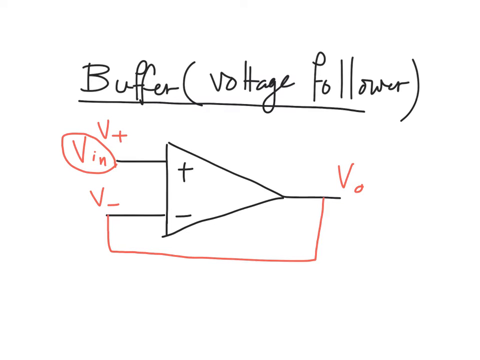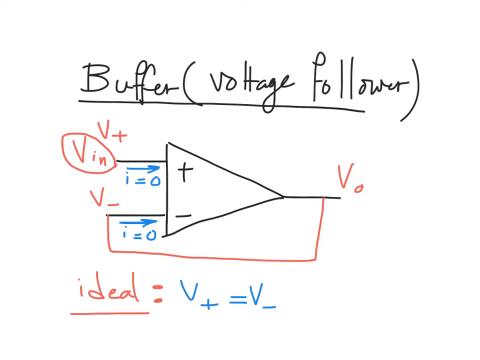if we deal with this as an ideal amplifier, it goes first with the ideal assumptions, meaning V plus equals V minus, and also the current here and the current here have to be 0. So I equals 0, I equals 0.